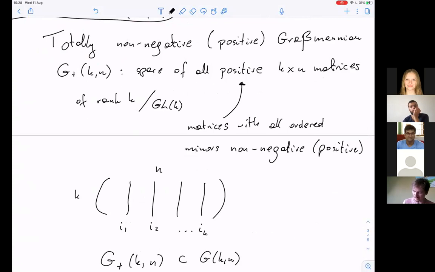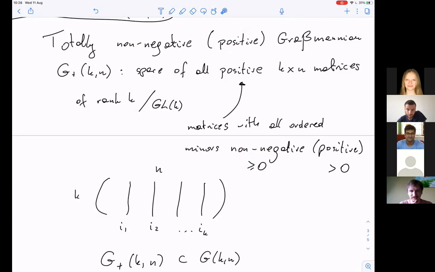You can define a non-negative part, in which case all the inequalities are soft inequalities, or you can define a positive part, which is really an open subset of it, where everything is positive, so all the inequalities are sharp. You can define two different objects, but we usually do not distinguish between them and always refer to it as positive and always think about these inequalities. Okay, and then there's one more question.